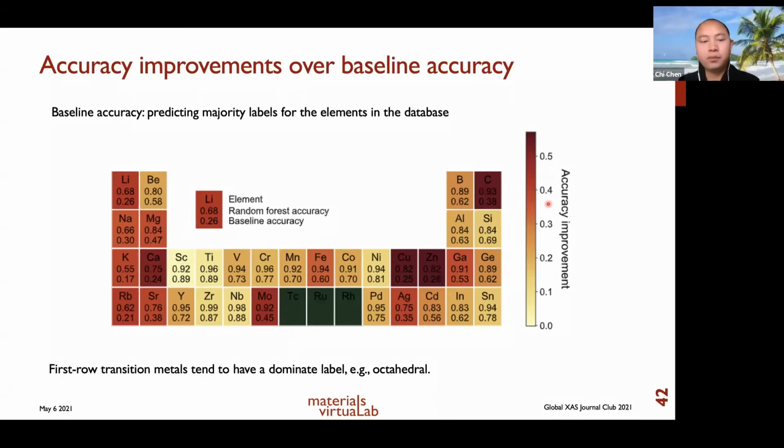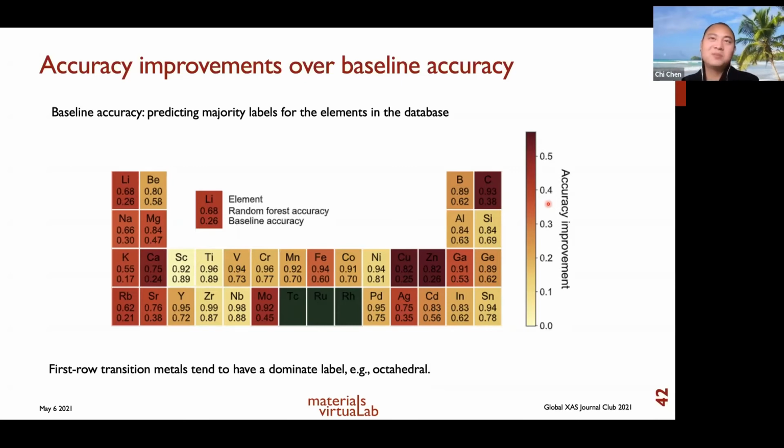For example, in the scandium case here, in the data set, almost 90% of scandium has the octahedral environment. So if you predict all the scandium to be octahedral environments, then you automatically get 89% accuracy.